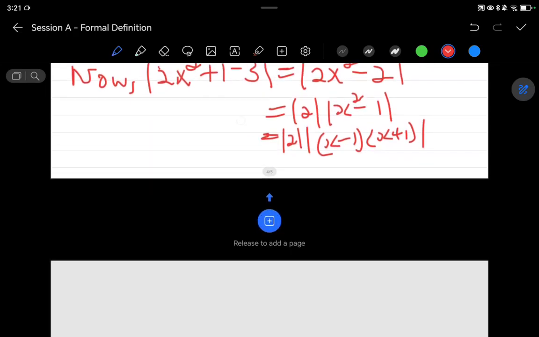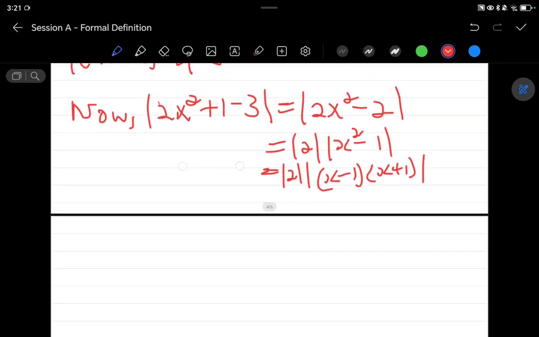What we are not looking for is this, but we're looking for x minus 1. When you have this case, having a constant is allowed, but having another variable which is not wanted is not allowed.